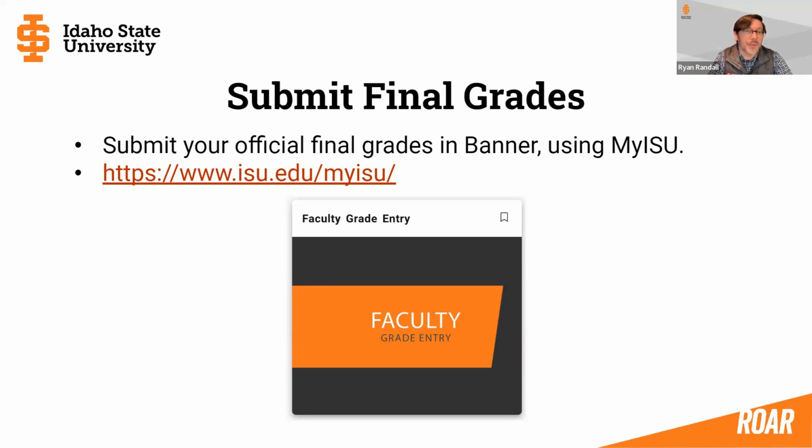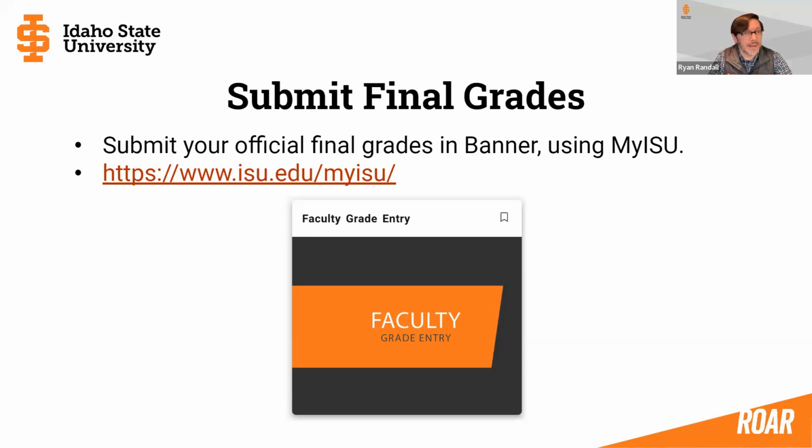www.isu.edu/myisu. Once you're in there, you've probably already encountered it as a student and seen all the different cards that they have. You'll want to look for the one that says Faculty Grade Entry. That's where you'll be able to enter the final official grade that each student will receive. The way My ISU displays cards, you can change.